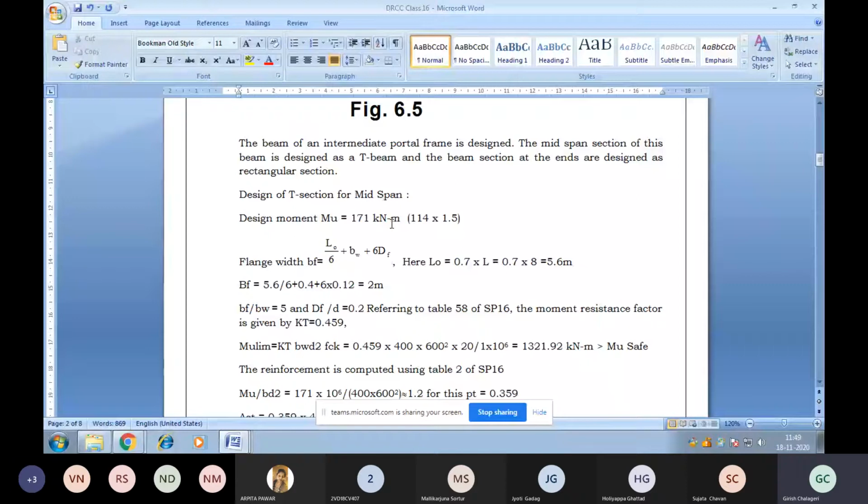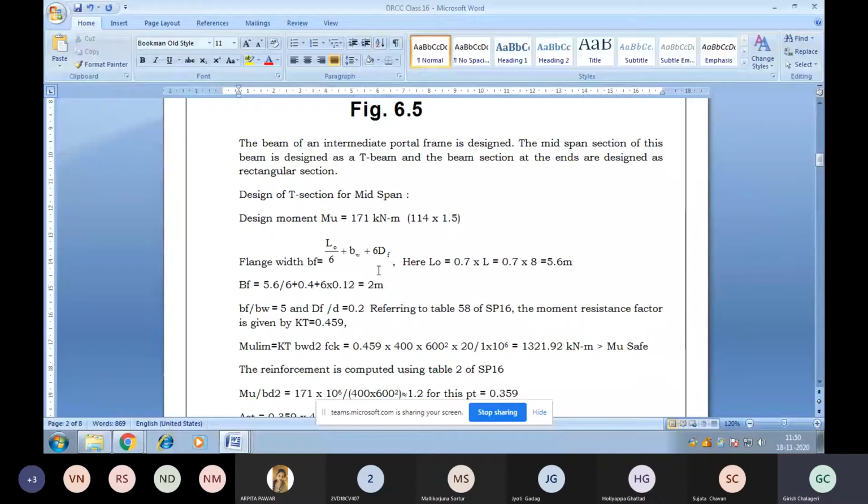As per IS 456, if you go to the T-beam sections, we can see the formula to find the width of the flange: BF equals L0 by 6 plus BW plus 6 times the depth of the flange. The depth of the flange is the depth of your slab, that is 120 mm.